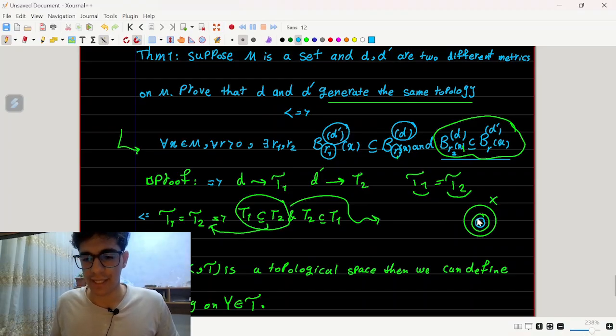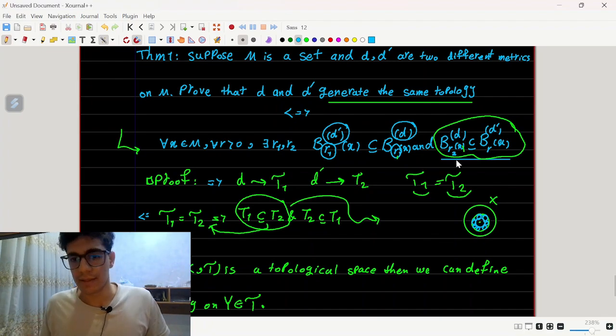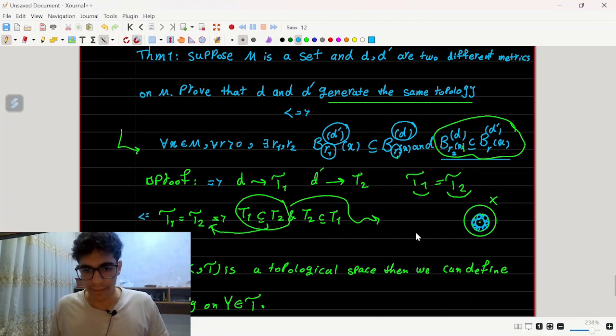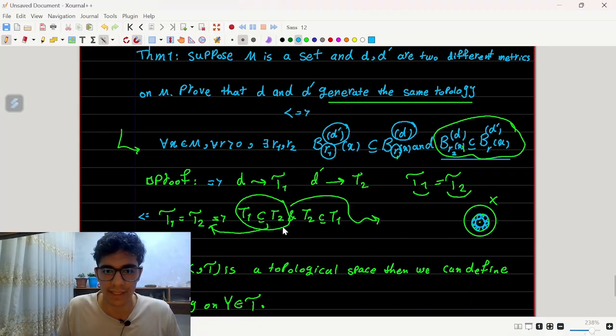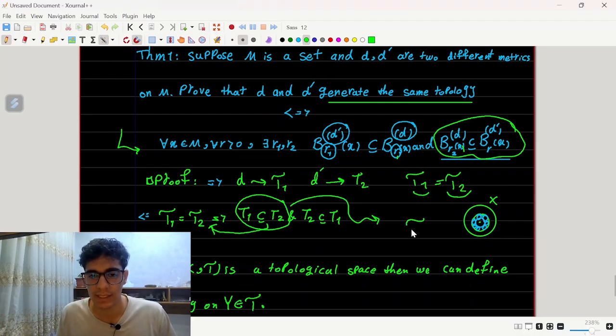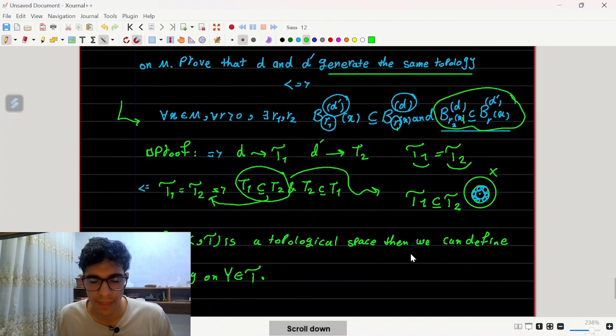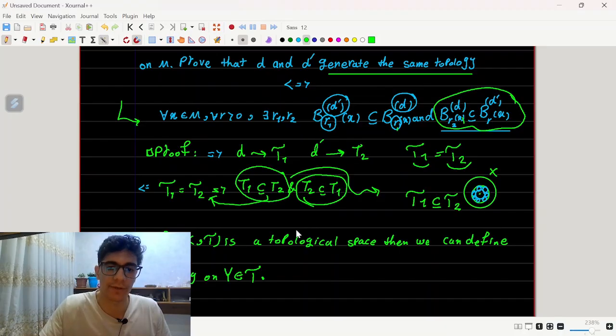This means that it has more neighborhoods from our metric D prime. So this actually means that a member of T1 is a subset of T2. And we can give the same proof for T2 being a subset of T1. And yeah, that's it.